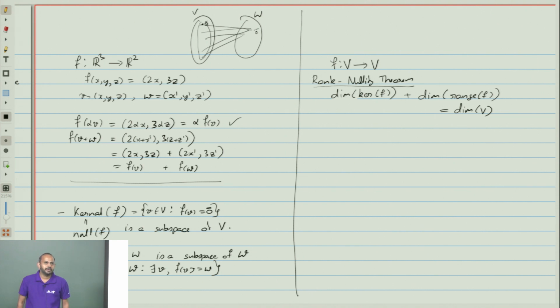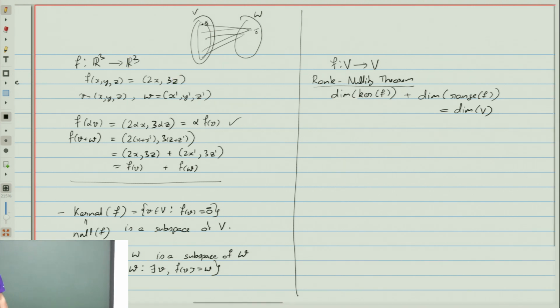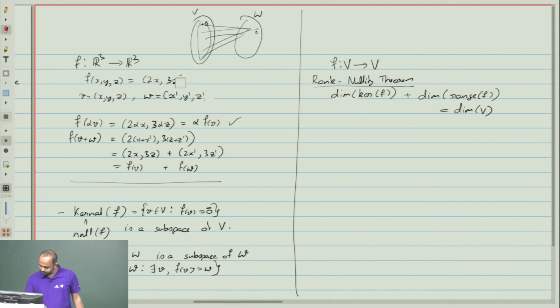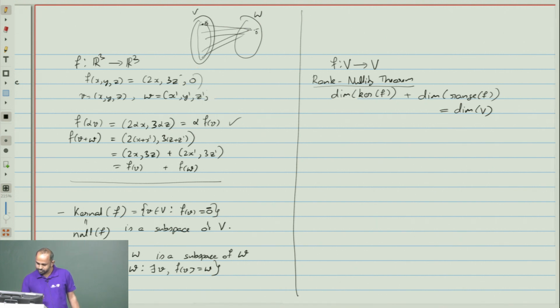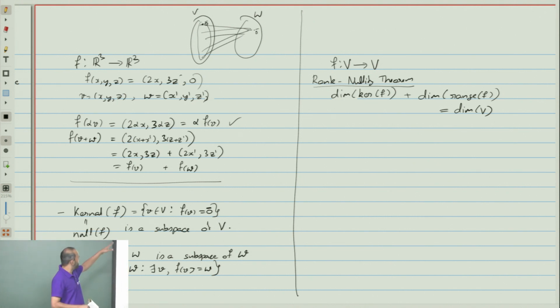So let us say we have this function. I am defining a function from R3 to R3 where f of x y z is 2x plus 3z comma 0.